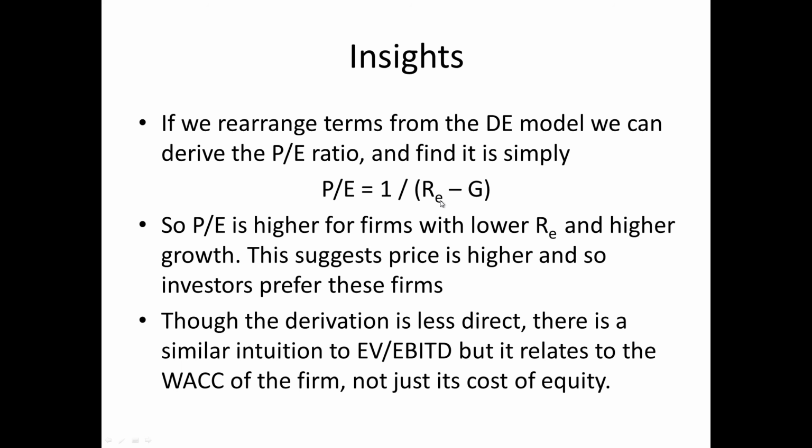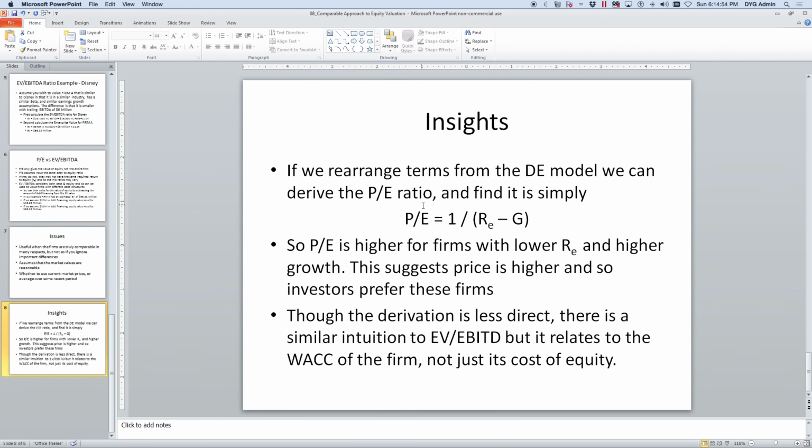The big difference here is that the cost of capital has to be your weighted average cost of capital. It can't just be the cost of capital for equity. It has to be both equity and debt. It has to be weighted. And so it's the overall cost of capital minus the growth rate. But again, same intuition. A lower cost of capital results in a higher price. Higher growth results in a higher price. All the same things hold.